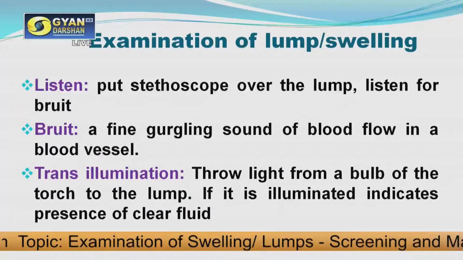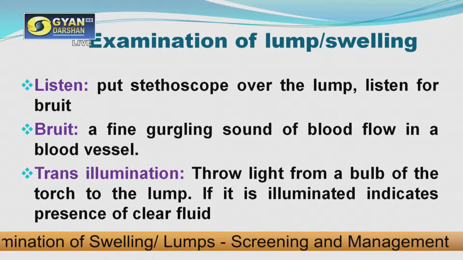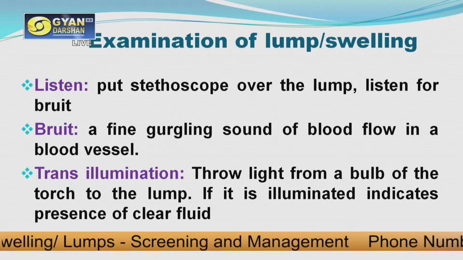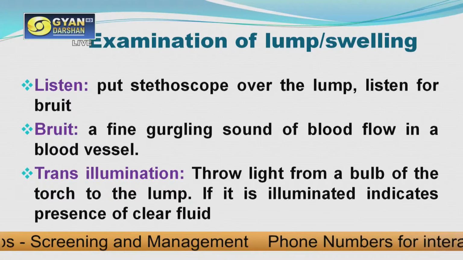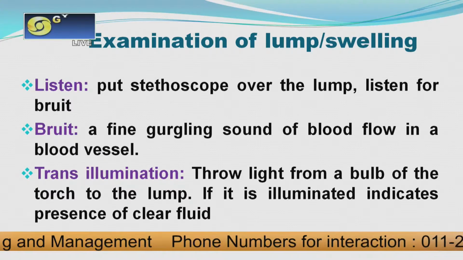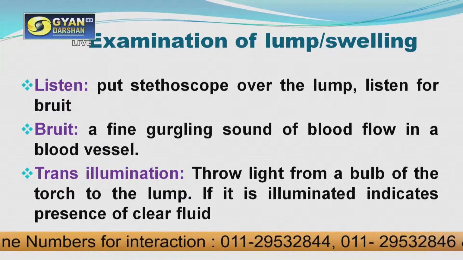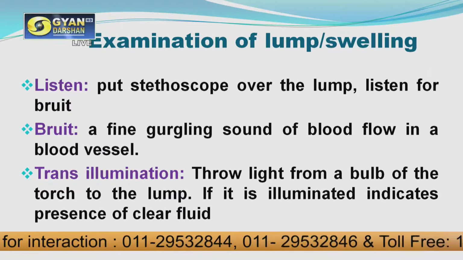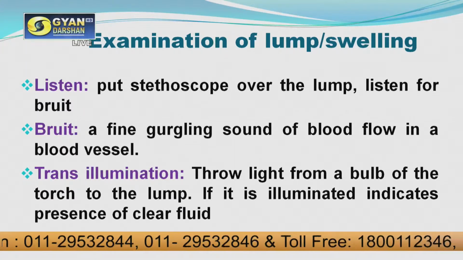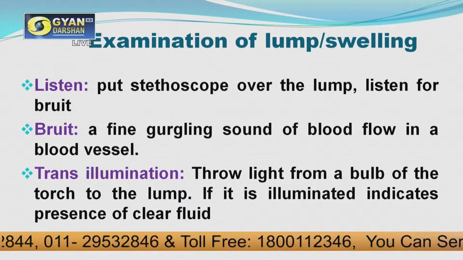You are also listening with the help of a stethoscope, and that is called auscultation, in which you put the stethoscope over the lump and listen for the bruit. Bruit is a fine gurgling sound of the blood flow in a blood vessel. As I told you, there are some lumps having high blood flow.